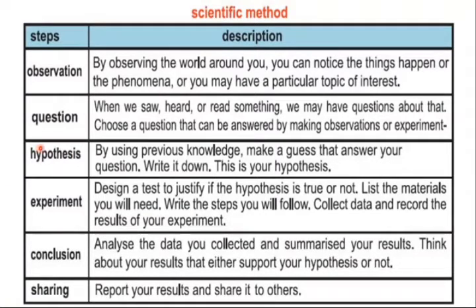But we must prove our imagination or hypothesis by doing an experiment. From the experiment, we must get some data which will prove that the hypothesis was true or wrong. After reaching the conclusion, we must share our findings from the experiment. This is how scientists invent something.